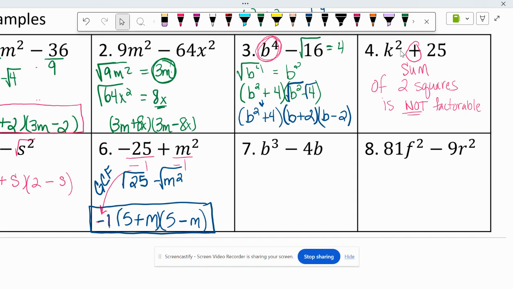We're going to take out a GCF of B. We're going to divide both things by B. So I'm going to take that GCF and move it all the way down to the bottom. All right. So B cubed divided by B is B squared. And -4 divided by B is just -4.